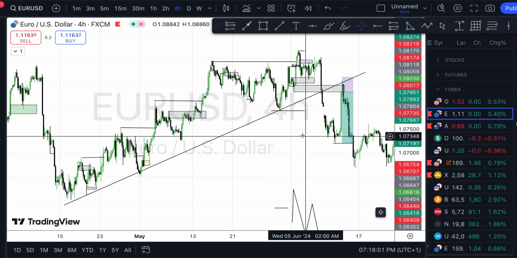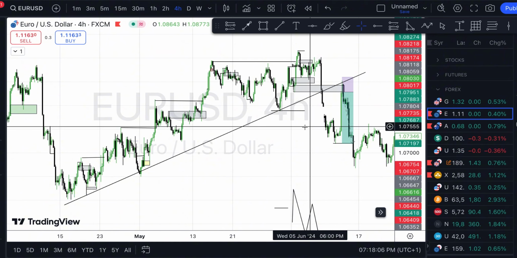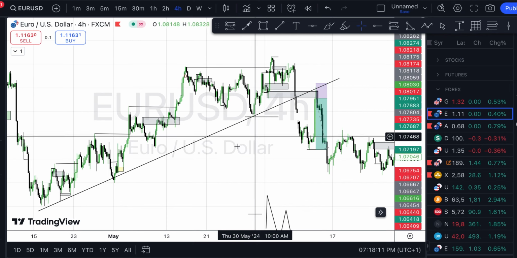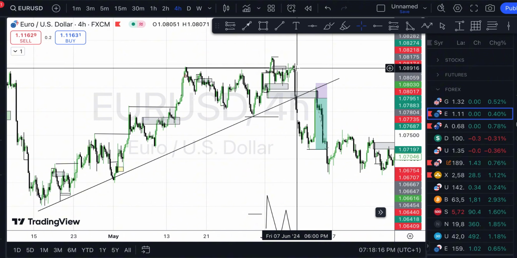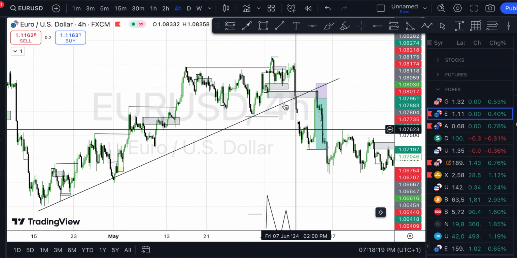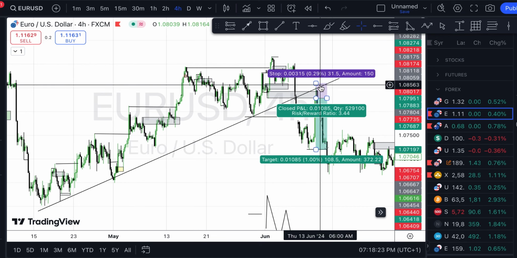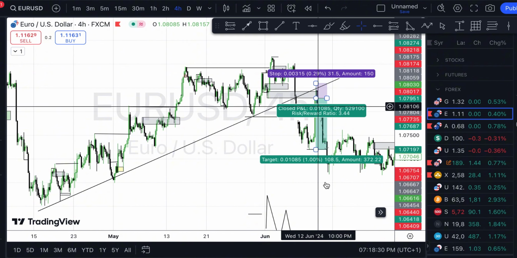Those people that trade trend line breakouts, this is a very good example of a trend line breakout. Price came down and broke this trend line here, and after that, price retraced back to it and it sold. So you can see it sold.